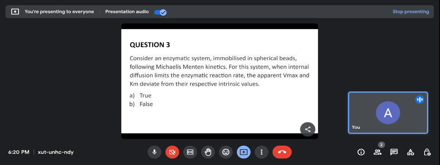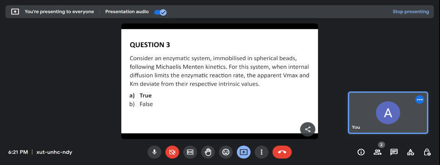In case you have an immobilized spherical bead enzymatic system, when the internal diffusion is limited, is the Vmax and Km the actual Vmax or Km, or is it a deviation from the value that you would see in case they were not immobilized?